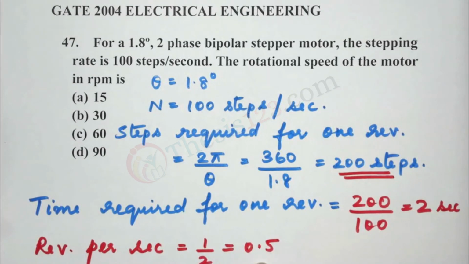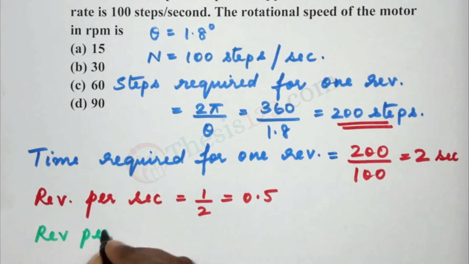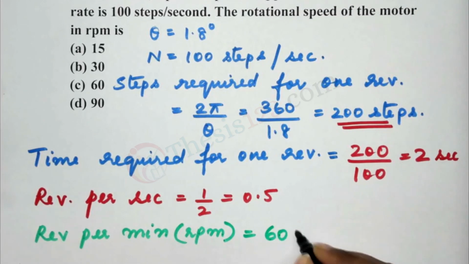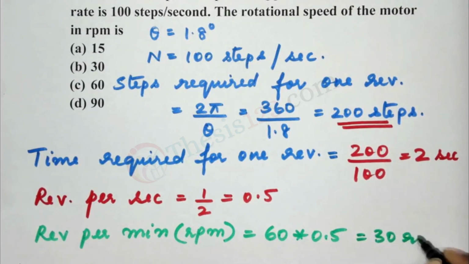Then what would be the revolutions per minute? 0.5 times 60 seconds. So the final step is revolutions per minute, which is nothing but RPM. And that gives us 30 RPM.